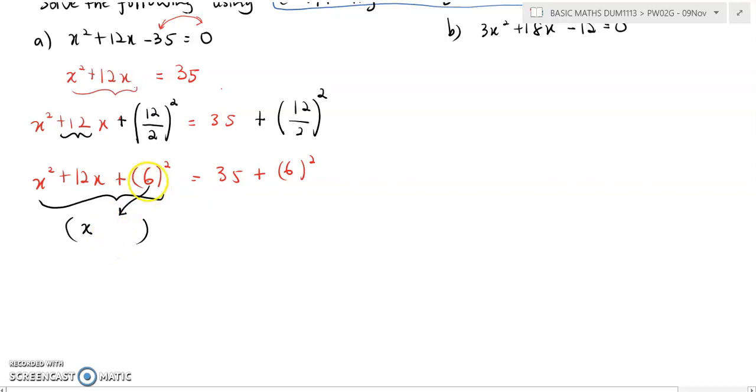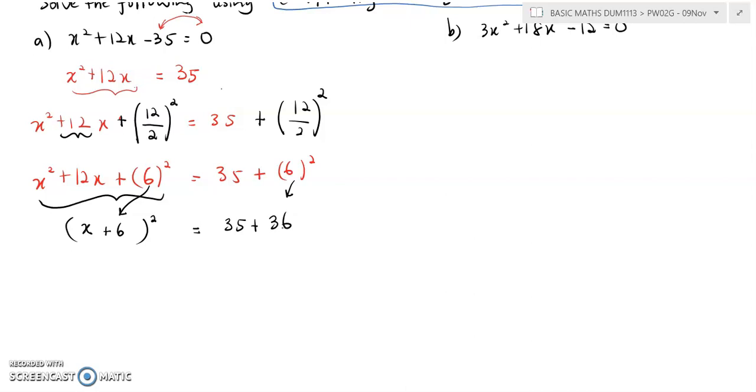Since this is positive 6, in this bracket we should put plus 6 and then square, equals 35 plus, this one you can simplify, 36. Okay, now we have completed the square of this equation.